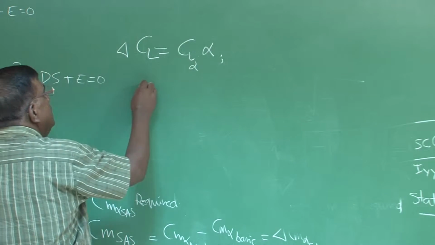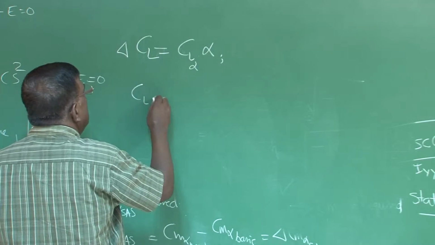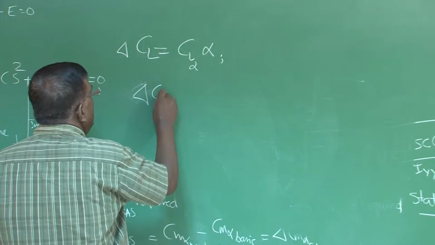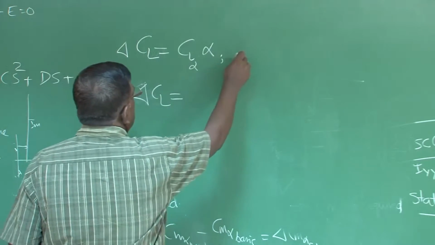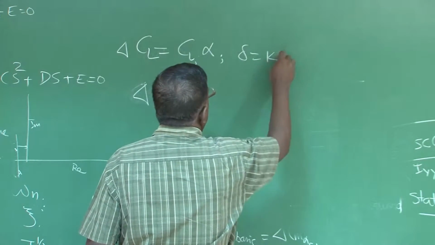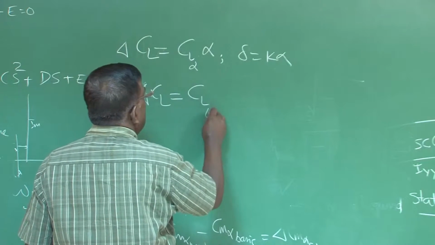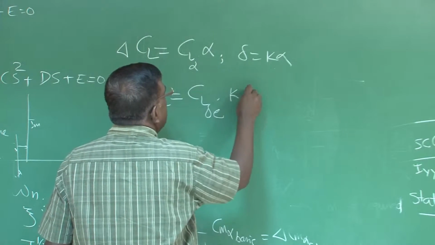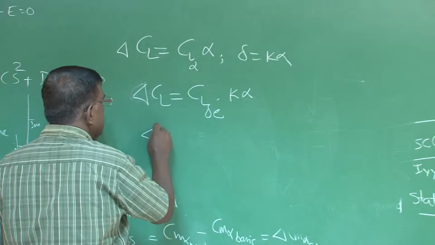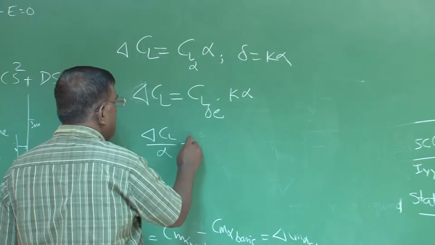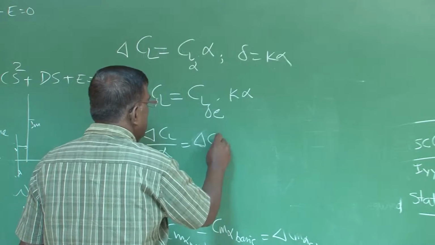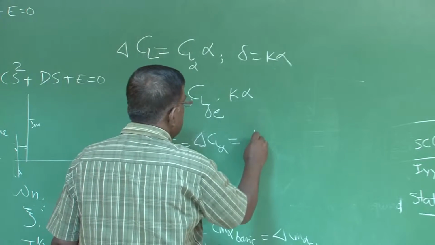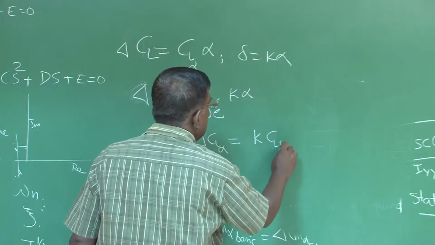And if you see delta CL because of delta E, which I have given as delta equal to K alpha, this will be CL delta E into K alpha. So delta CL by alpha, which is nothing but delta CL alpha, will be given as K into CL delta E.